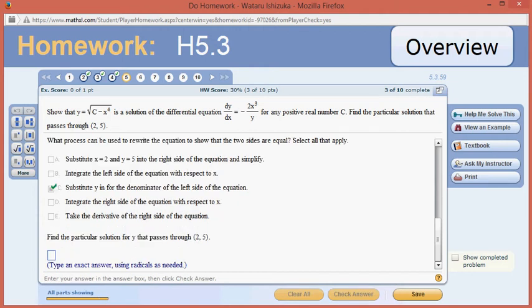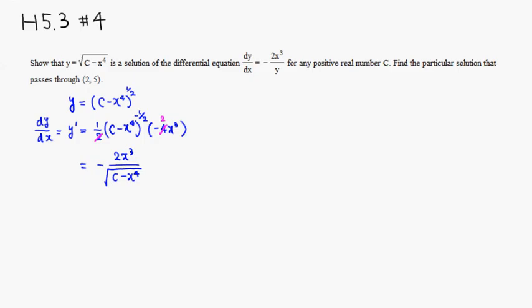Alright, find a particular solution that passes through (2, 5). That's actually pretty easy. We have this general solution, and this tells you that if you plug 2 into the y function, so x equals 2, that's going to be equal to 5.